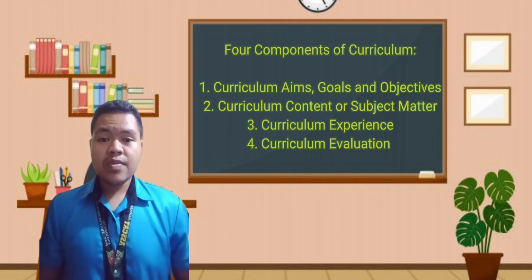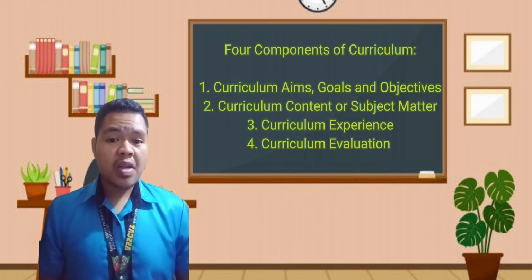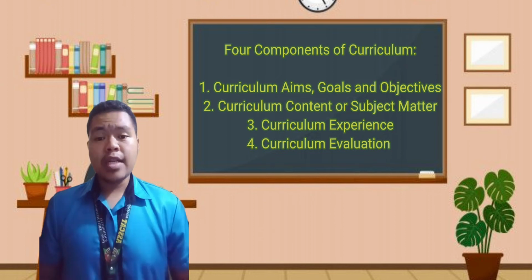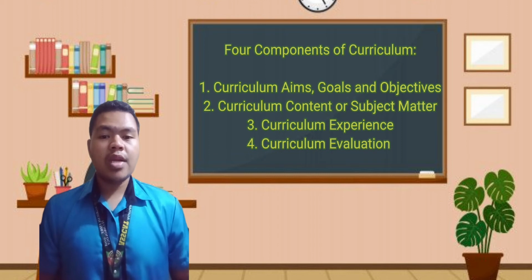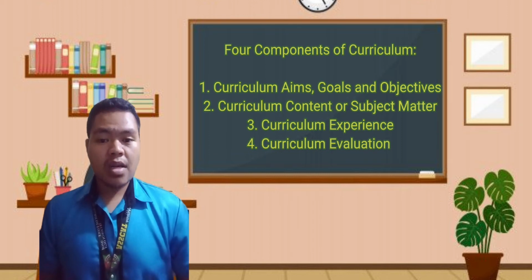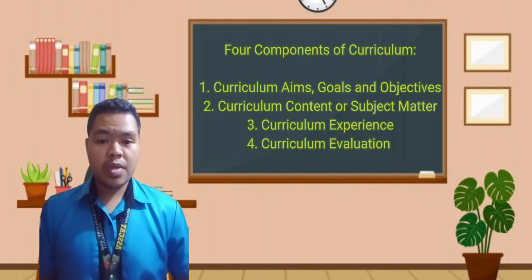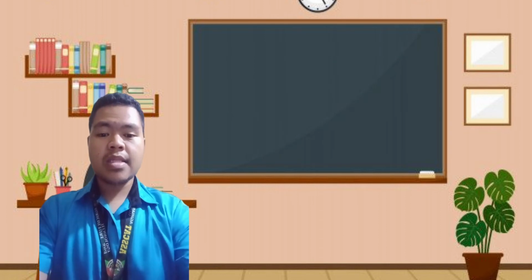And aims refers to preparing the student for environmental citizenship. And goals, it is all about how you set your mind to achieve your goals. And objectives, it will let you know the course that you enter so that the teacher or instructor will know what to expect from you based on your learning skills.